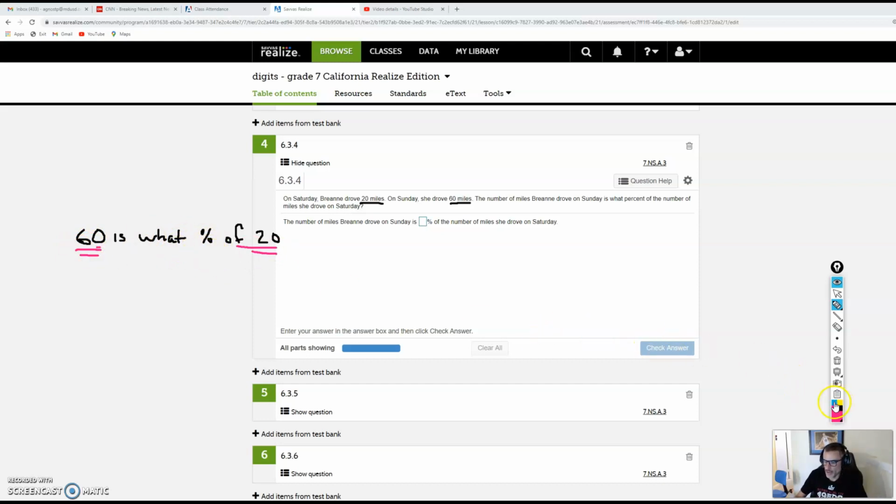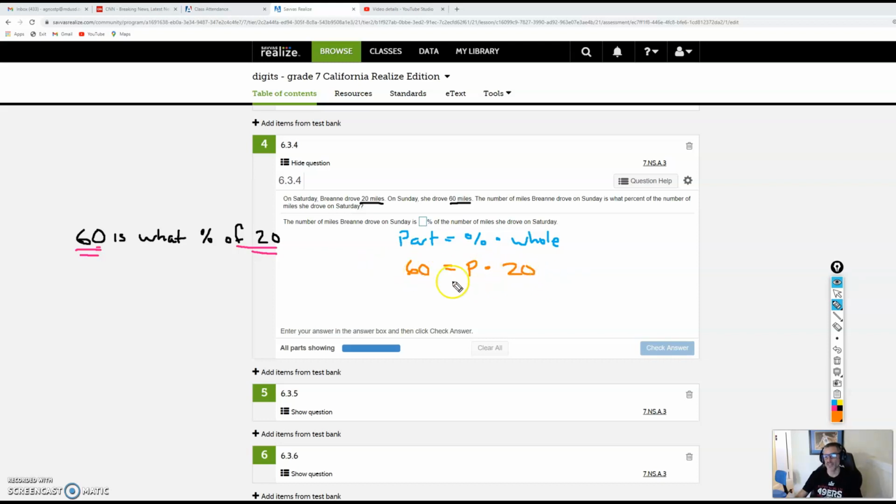So let's go ahead and set it up. I always start by writing part equals the percent times the whole. All right, let's plug in what we got. The part is 60. The percent, I don't know what it is, so I'm going to use P. P times the whole.